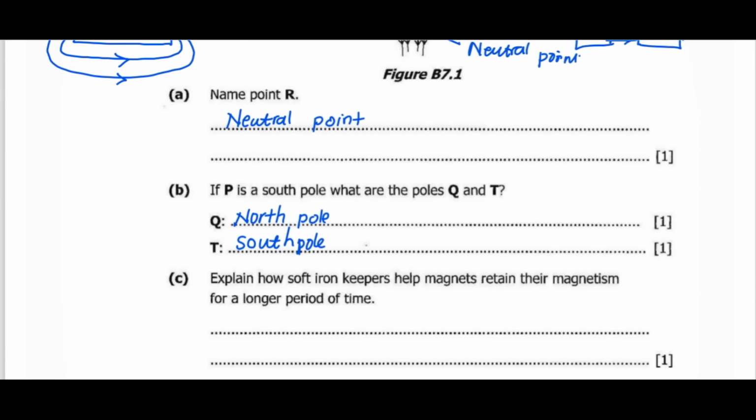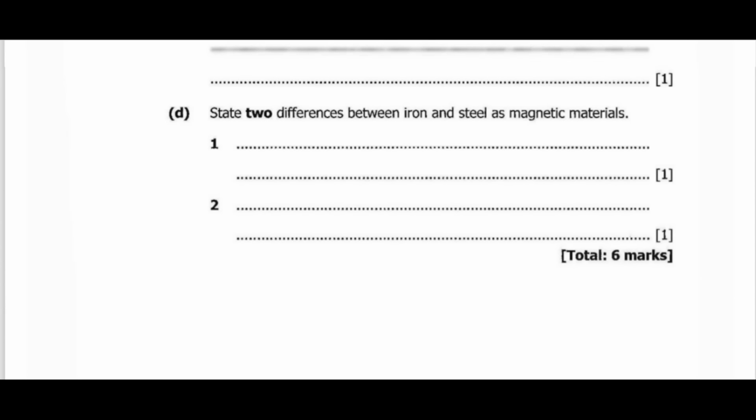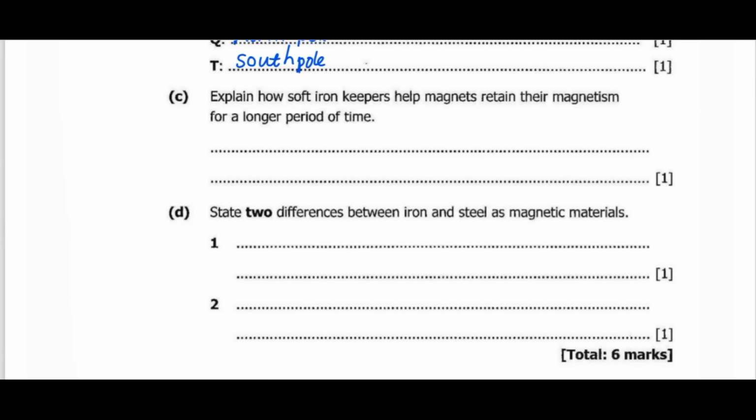Okay, so move on to explaining how soft iron keepers help magnets retain their magnetism for a longer period of time.